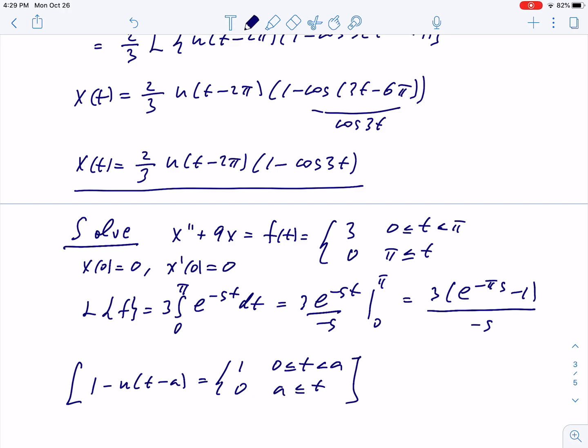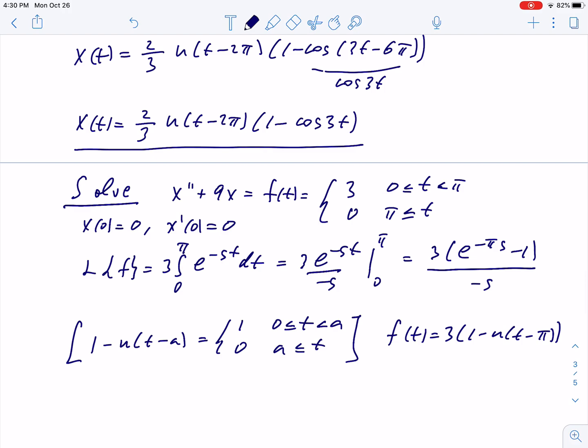So keeping this in mind and looking at the function f, we can write f of t like 3 times (1 minus u(t minus pi)). And then we can find the Laplace image by using this representation.